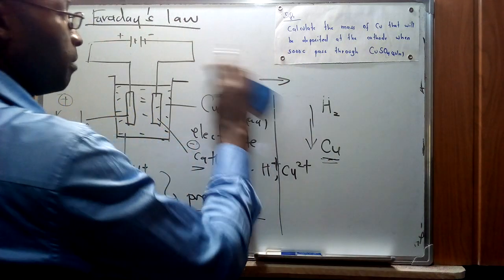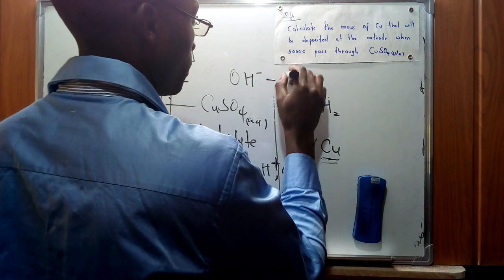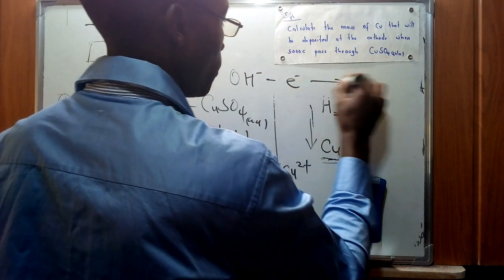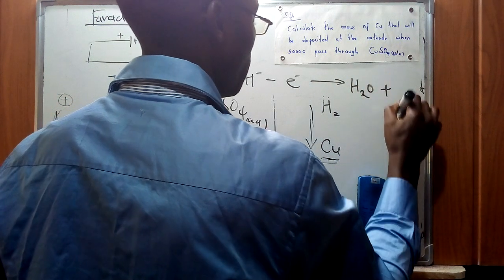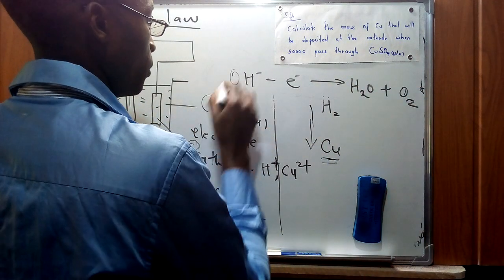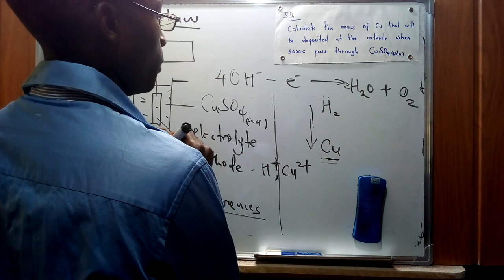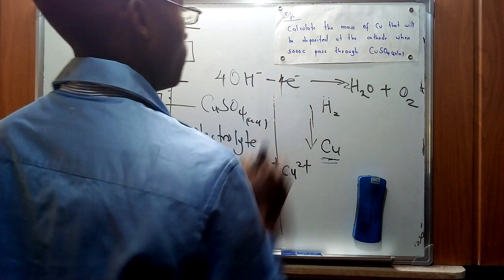So just write that. The hydroxide ions are going to lose electrons in order to form water plus oxygen gas, and of course, trying to balance this, 4OH- gives 2H2O, and this is going to be 4 electrons.